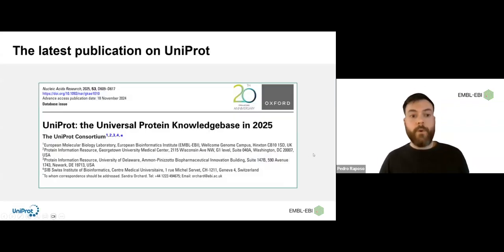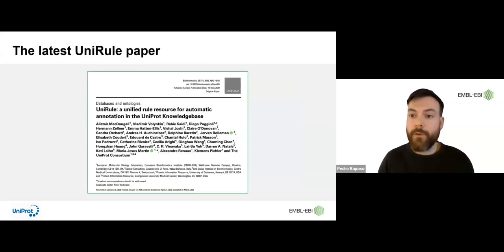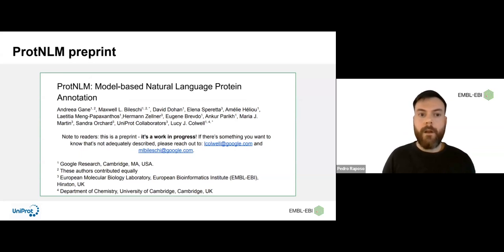And if you want to read a bit more about UniProt, we have this latest publication in 2025. And more specifically, we have a different paper on UniRule itself for more details. And also a preprint on ProtNLM as well.